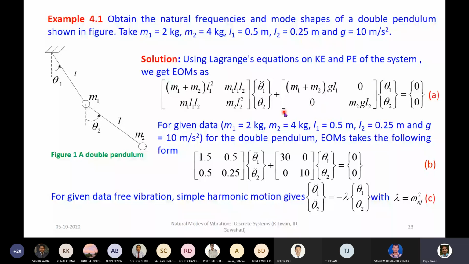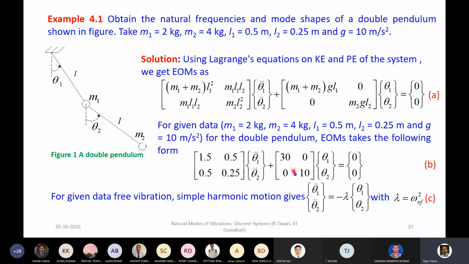Because these are variables, let us take some values for the mass and length. Whatever mass and length are given, we substitute in this, and for simplification, I'm taking g equal to 10. So we'll get an equation like this, having this mass matrix and this stiffness matrix.